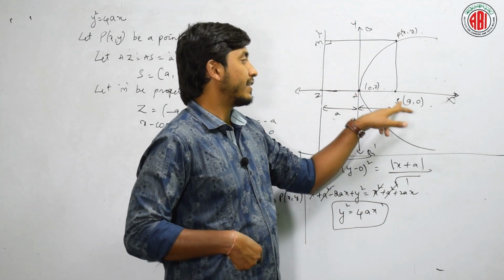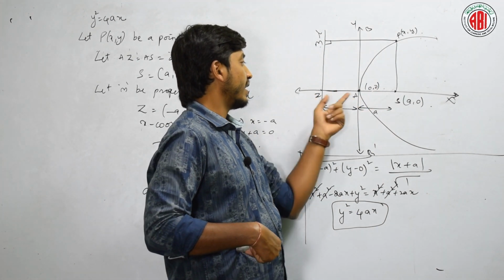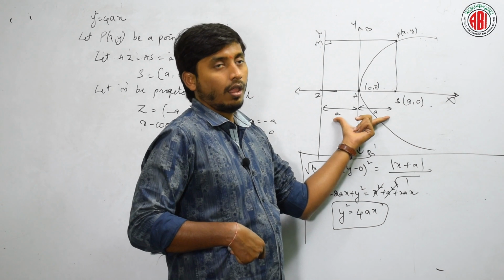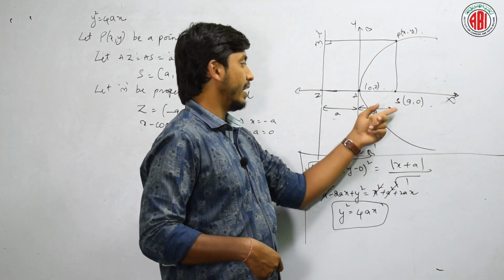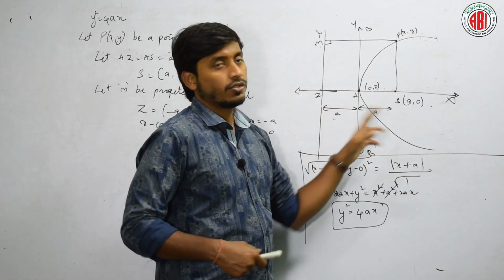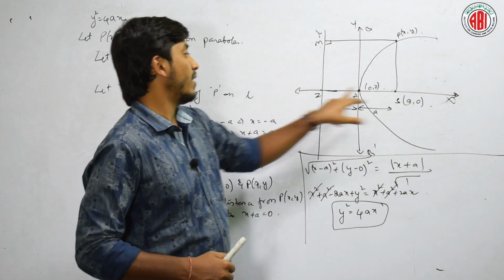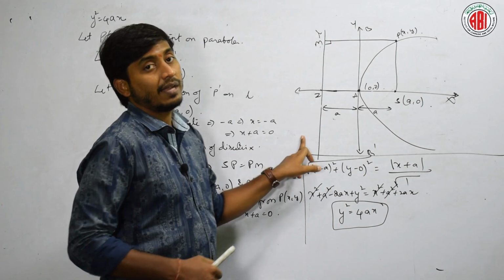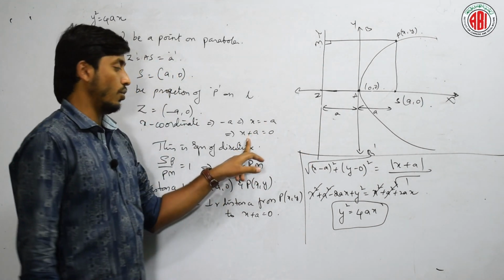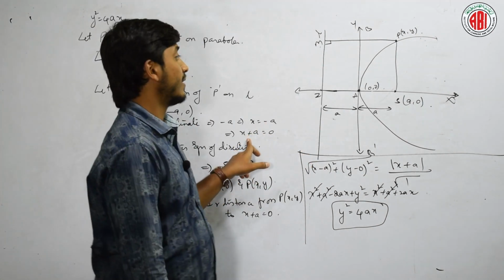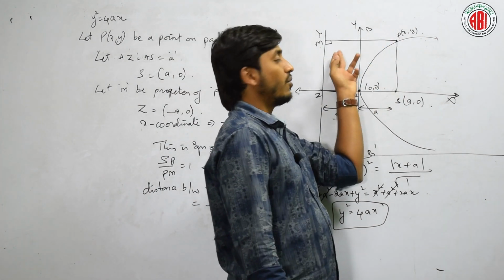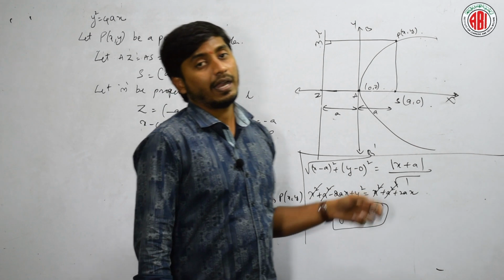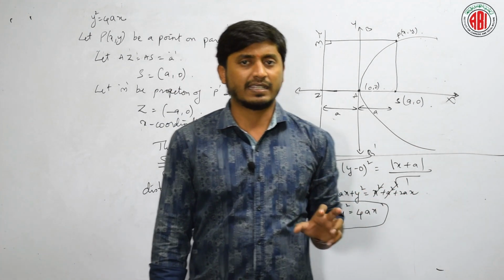And on the x axis let us assume 2 points, that is Z and S, such that SZ is equal to 2a, or else let us take AS as a and AZ as a. So, the point S will be (a, 0) and the point Z will be (minus a, 0). Therefore, this line becomes x plus a equal to 0. Since the ratio SP by PM is equal to 1, we will just substitute in the equation and find the equation of parabola. Is it right?